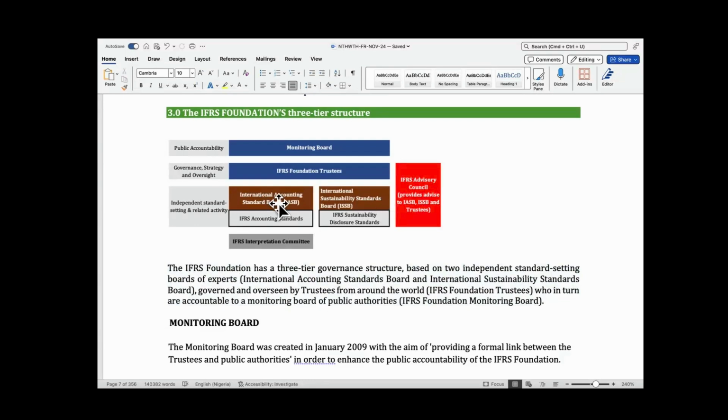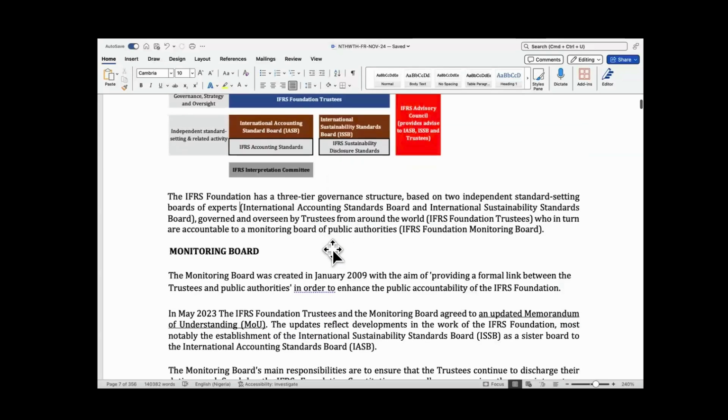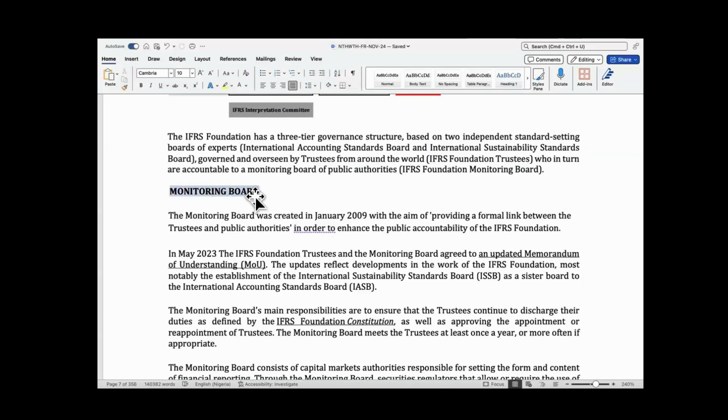These standard setting bodies are overseen or governed by the IFRS Foundation, and this IFRS Foundation is governed by the monitoring board. So it is a three-tier structure. Now, the monitoring board, I don't think ICAN would ask you this. I just think ICAN would not ask you about the monitoring board, really.